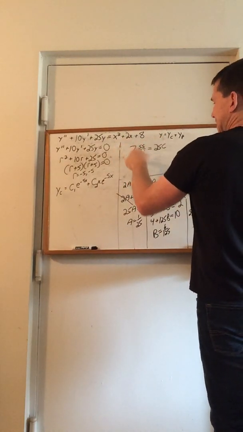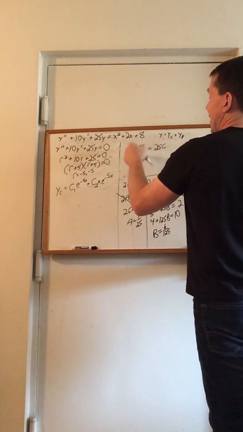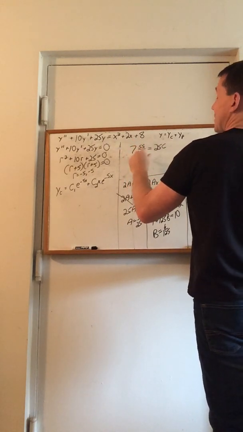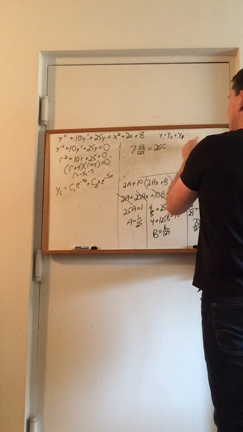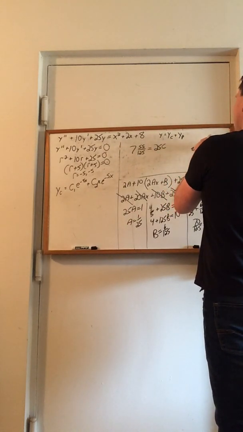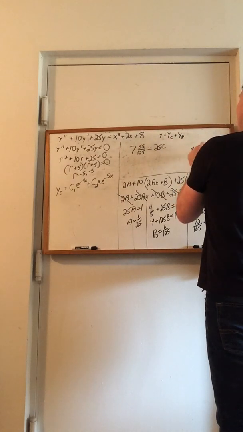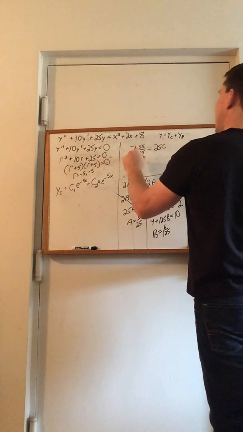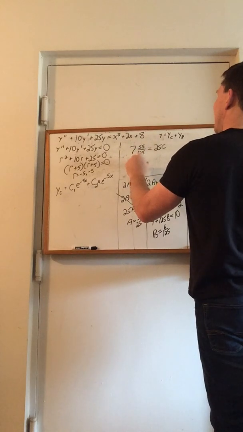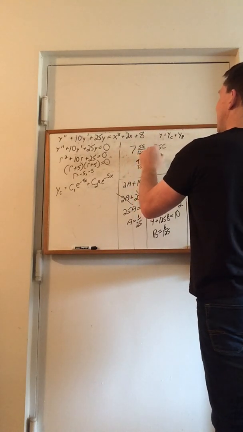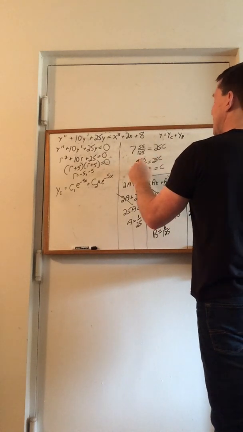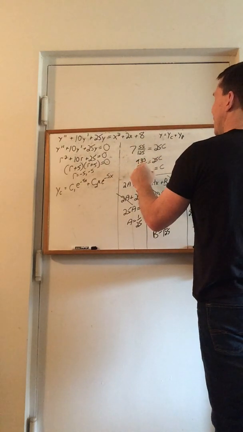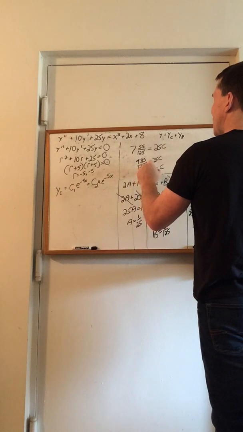Now, this is going to be 7 times 125, plus 55. 7 times 5 is 35. Carry the 3, 14, 15, 17, carry the 1, 7, 8, plus 55, 10, 12, 13, 8, 9. That should be 930 over 125 equals 25c, and then divide by 125. So c is equal to 930 over 125 times 25.